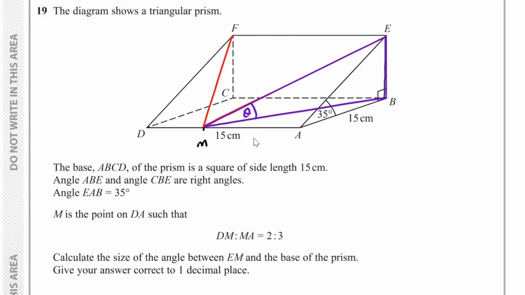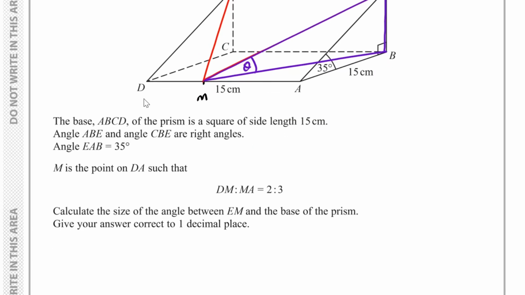First thing we can do is find out the length DM. Well, if DA is 15 centimeters, DM using this ratio, here we have 5 parts altogether. 15 divided by 5, that's 3. So 3 times 2, that's 6. So here we have 6 centimeters, and here we have 9 centimeters, and those add up to give 15 centimeters. So we can use Pythagoras now to find out what MB is.